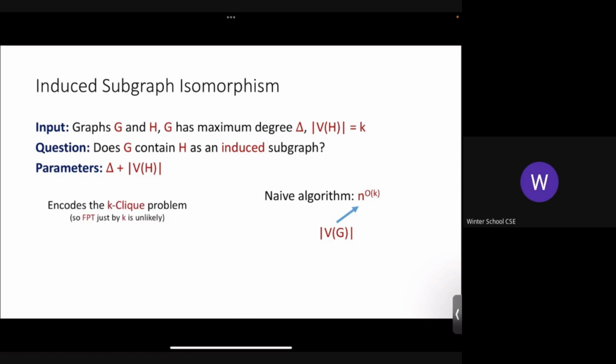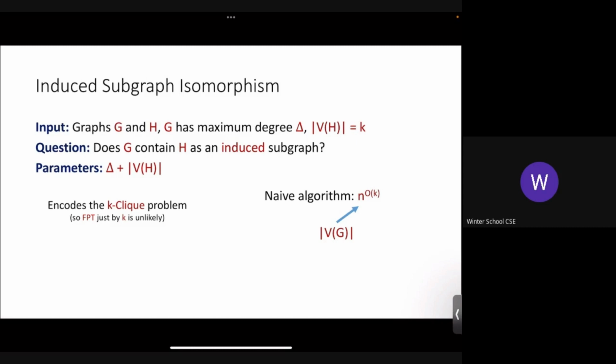Another thing is that induced subgraph isomorphism is also a generalization of the clique problem. If graph H is a clique, then I am just asking if my graph G contains a clique of size K. I do not speak about complexity here, but for this K-clique problem there is a very strong belief in the community, and a theory which explains why, that the K-clique problem is not fixed parameter tractable.